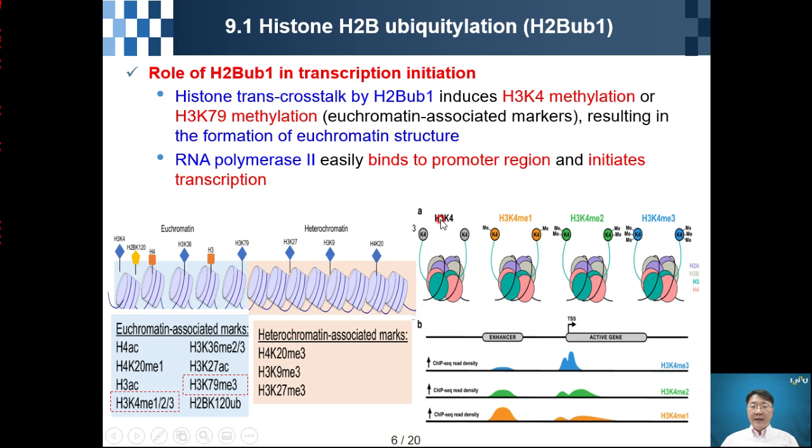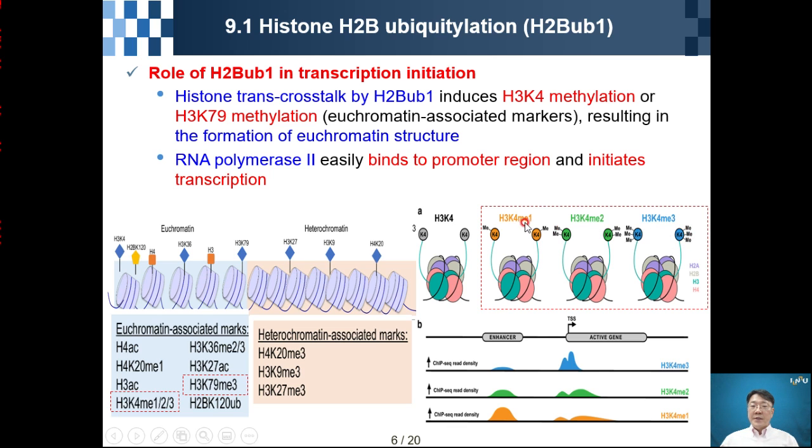And this is also another example. For H3K4, there is mono-methylation, double methylation, and finally H3K4 3-methylation.